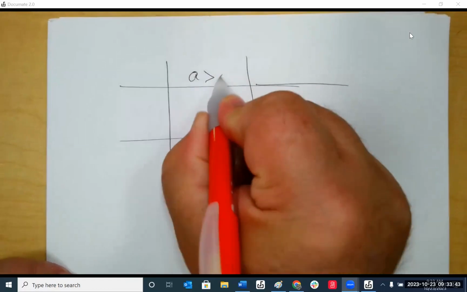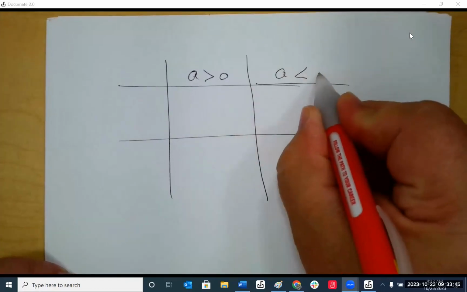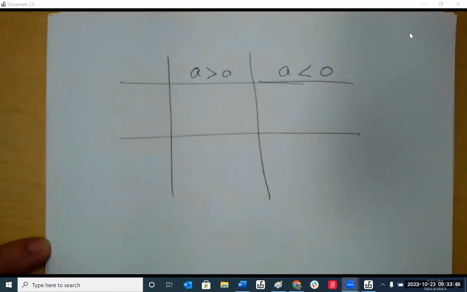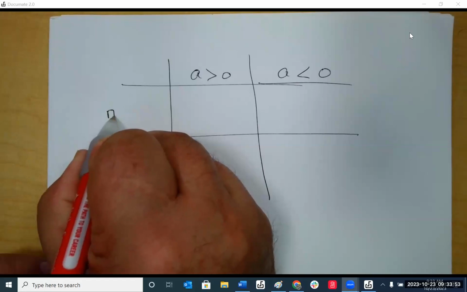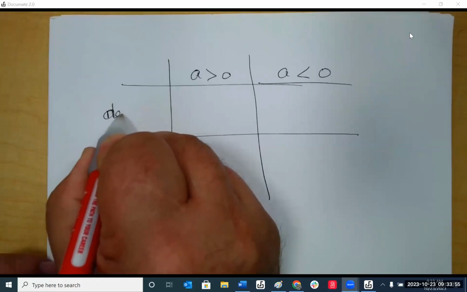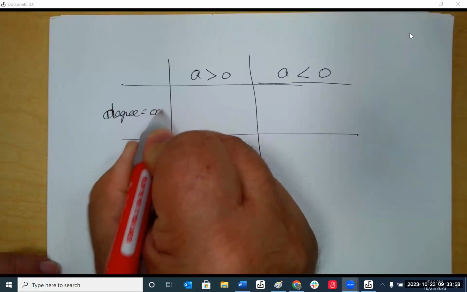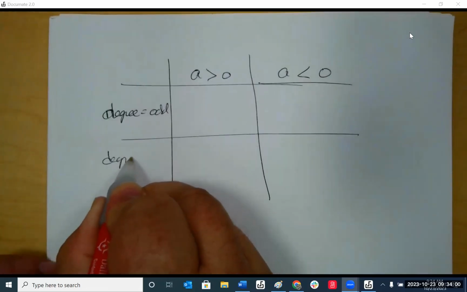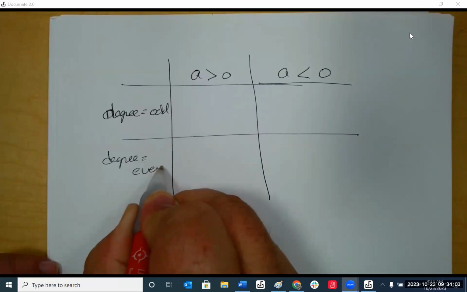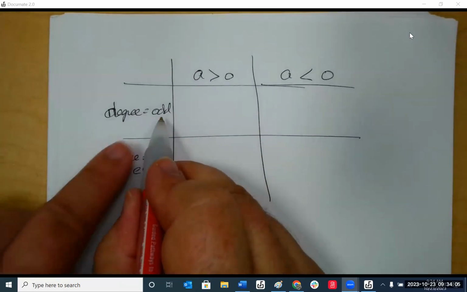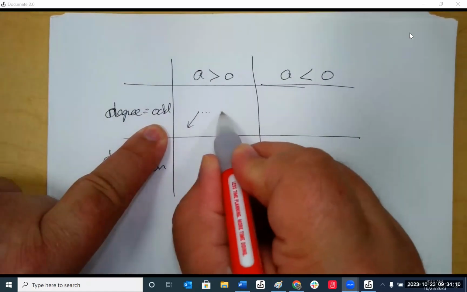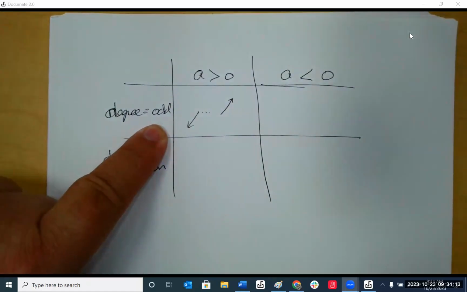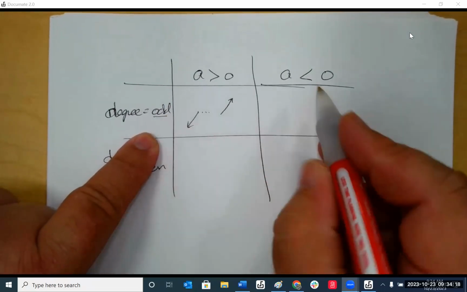If A is positive or if A is negative, if the degree n is odd or the degree is even. If the degree is odd and A is positive, our graph will look something like this. So if it's odd, it points in opposite directions.